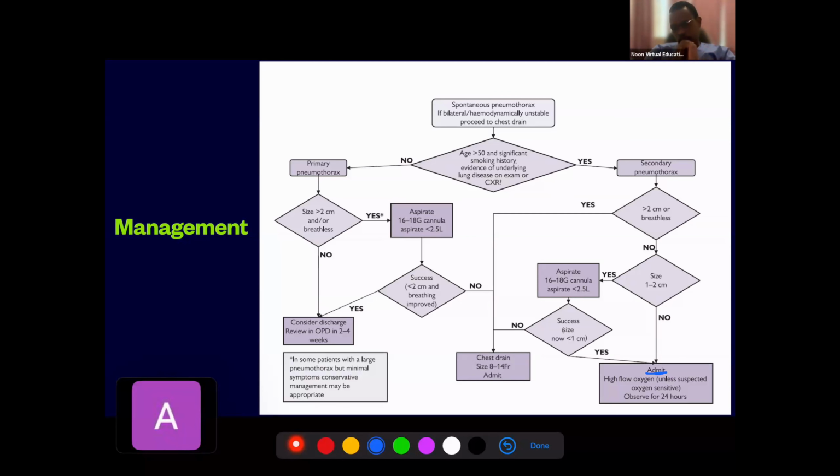Any patient with secondary pneumothorax is always admitted. Any patient with primary pneumothorax is always discharged, unless after aspiration there is no improvement in the symptoms and no decrease in the size, so this patient will be admitted for observation.